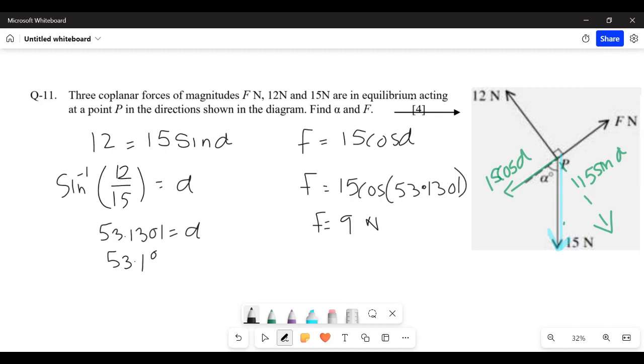Let me check the answer. Yes, F is 9 Newtons and alpha is 53.1 degrees. Any questions here? If not, then we move on to the next question, which is question 12.